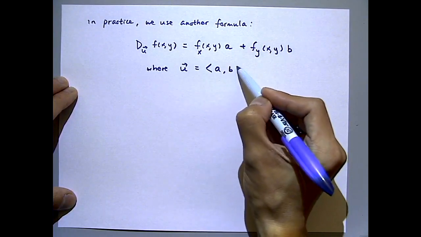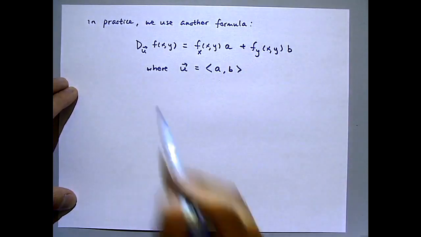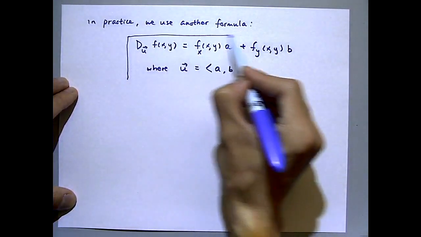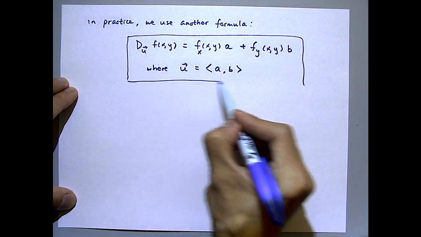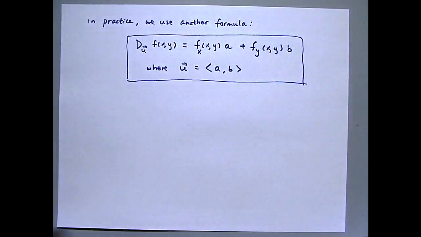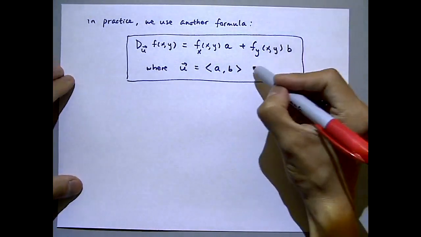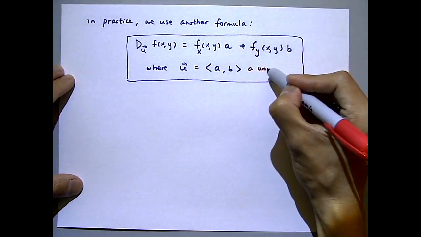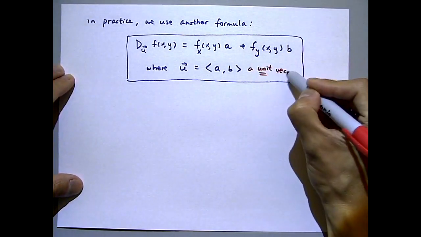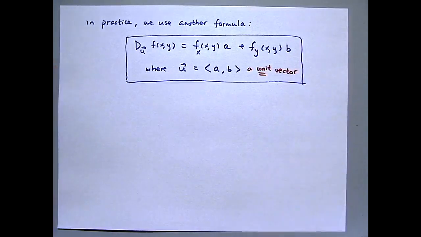And remember, u is given by a, b, which is a unit vector. Okay?